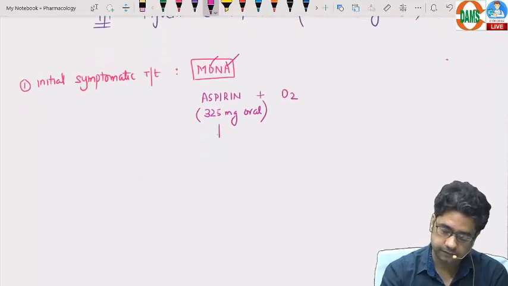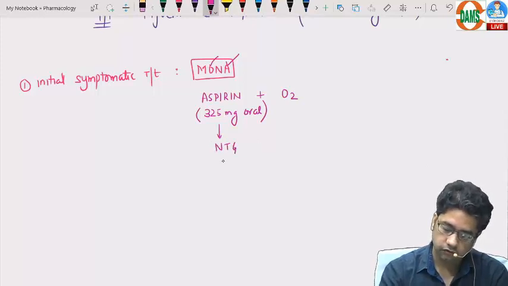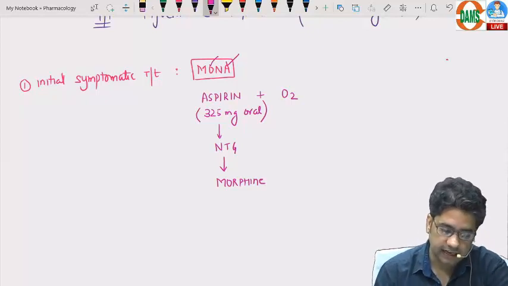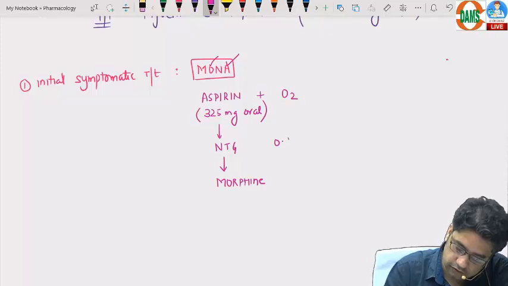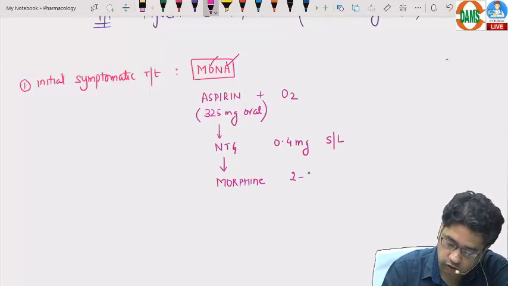Followed by nitroglycerin, NTG, 0.4 milligram sublingual, followed by morphine, 2 to 4 milligram IV.